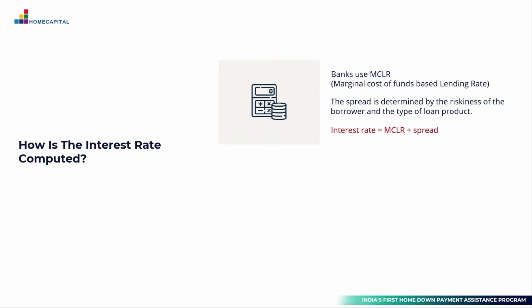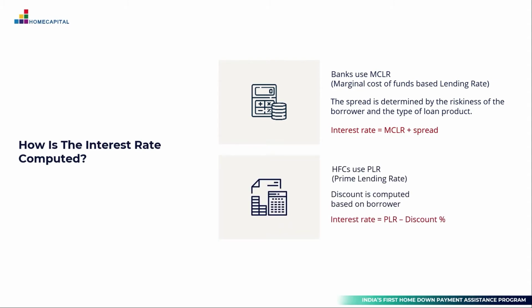With respect to a housing finance company, the interest rate is determined by arriving at a discount percentage to their PLR. A PLR is nothing but the prime lending rate. The prime lending rate is the maximum interest rate an HFC can charge its borrowers. From this PLR, an HFC would give you a certain discount based on the risk they perceive for giving a loan to you as a home buyer.